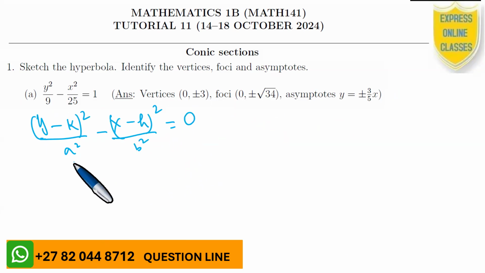We make it 0, and then we make y the subject of this. That's the reason. We're going to do it in 2 ways because either x is the subject or y is the subject of this.